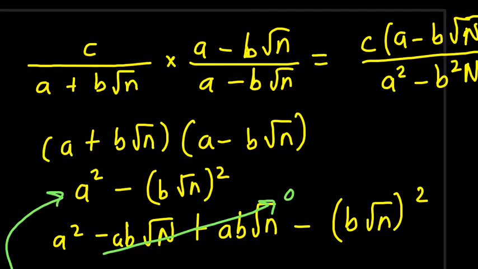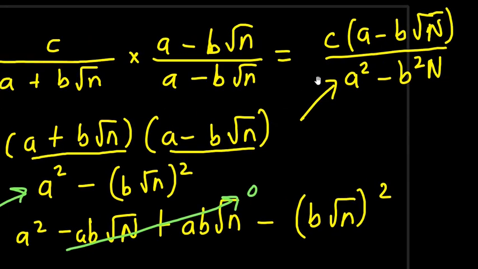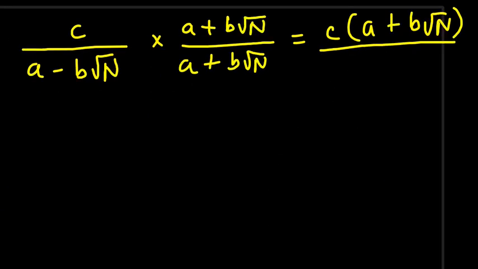We'll also get the same result here, which is a squared minus b squared n.